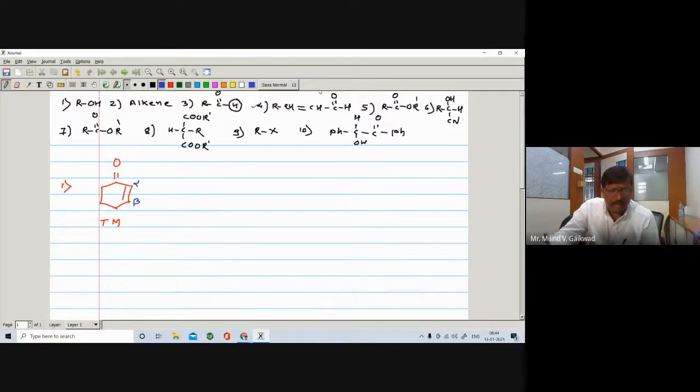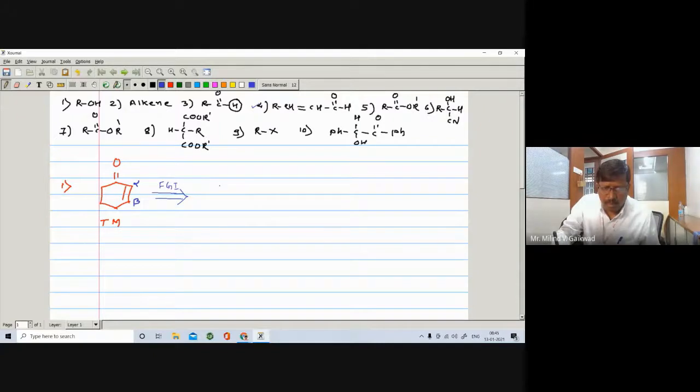So you have to carry out its disconnection. In retrosynthesis, you have to write down first the FGI. If you do not carry out its disconnection directly, then you have to carry out its FGI. Writing one functional group for another functional group is called FGI, functional group interconversion. So how can you prepare this one?